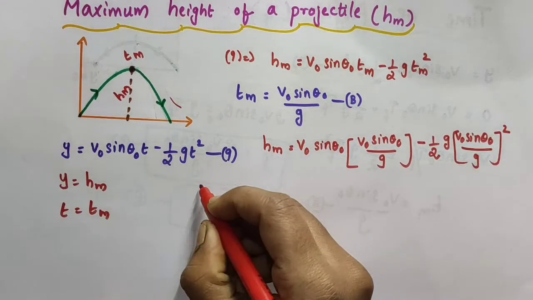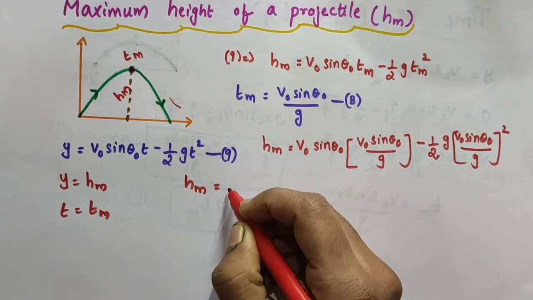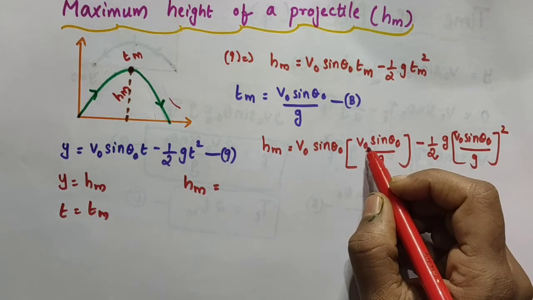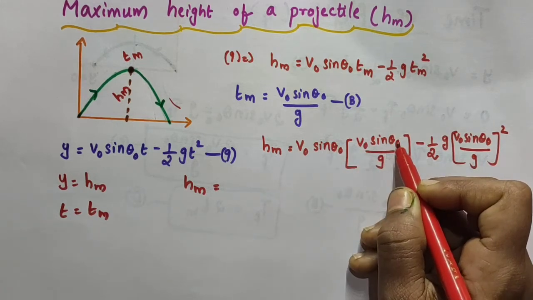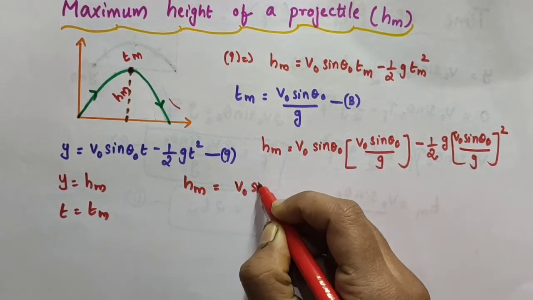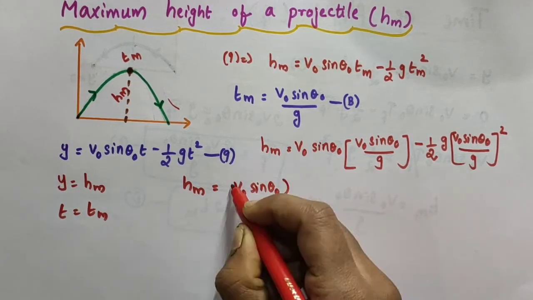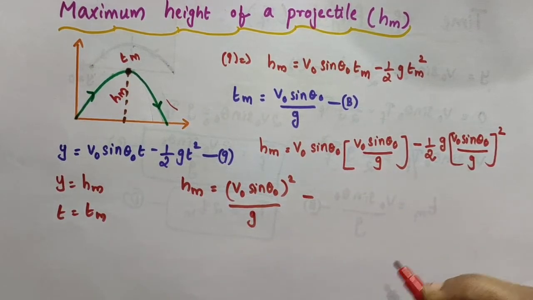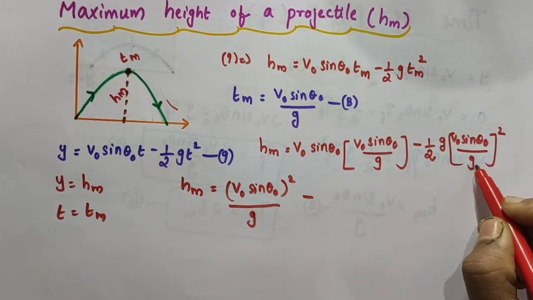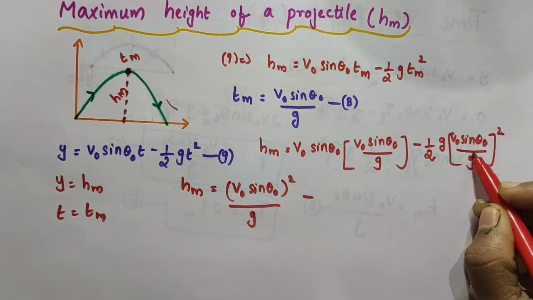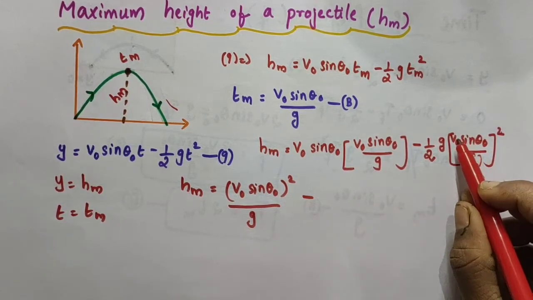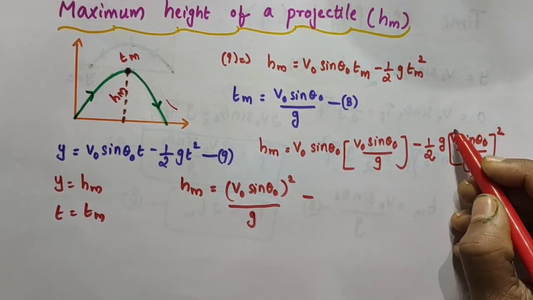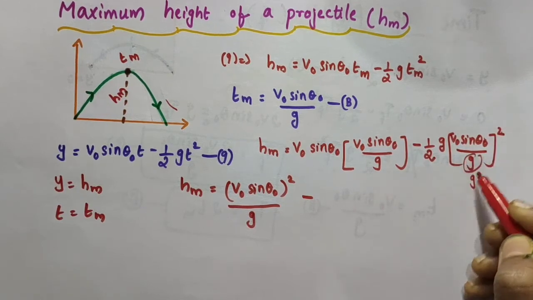Now this Hm can be written as: V0 into V0 gives V0 square, sin theta 0 into sin theta 0 gives sin square theta 0. So together we can write (V0 sin theta 0) the whole square divided by g, minus, then here we have g and in the denominator g square. This is actually (V0 sin theta 0 divided by g) the whole square, so this can be written as (V0 sin theta 0) the whole square divided by g square.